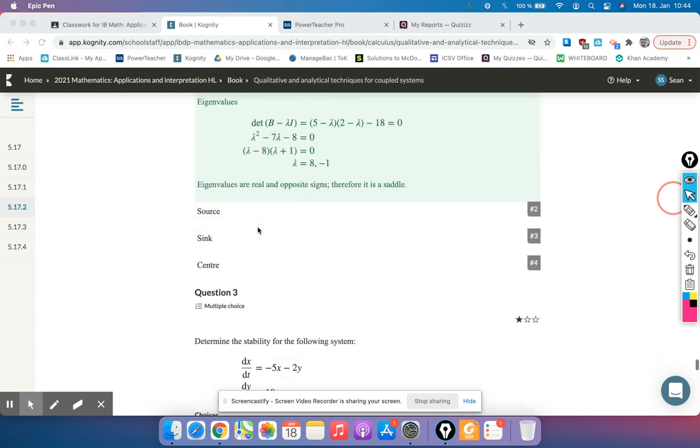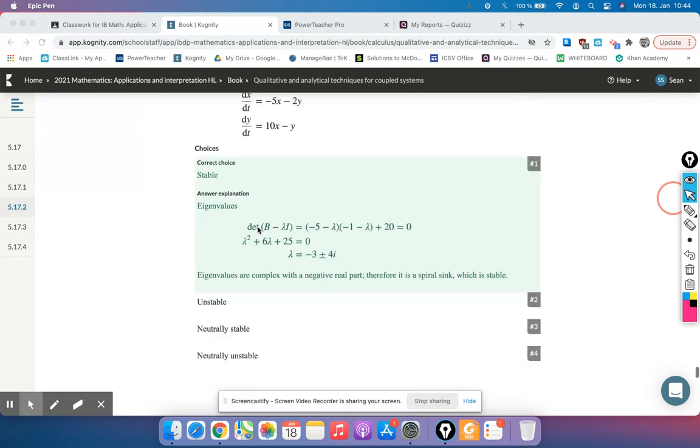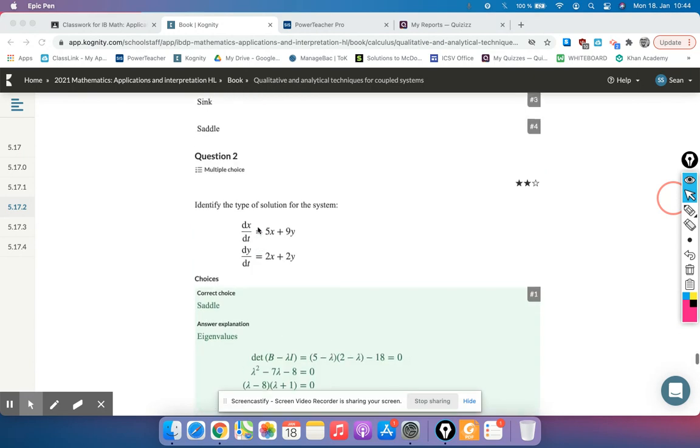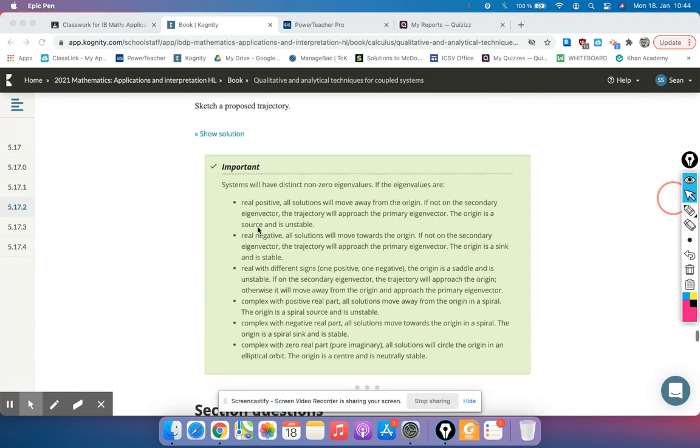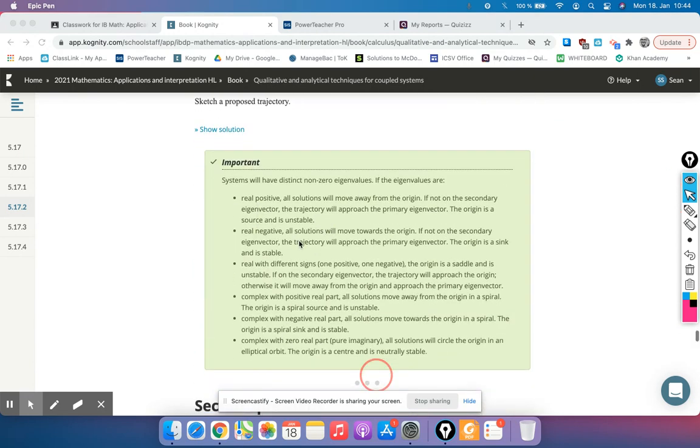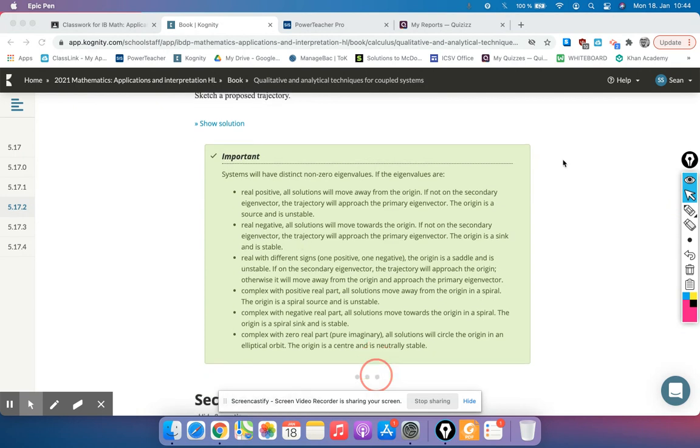These are a little bit simplified from what you might have to do in an exam. But I would say this is the most important part: if you're going to be able to sketch a trajectory, knowing the different situations of the eigenvalues is what you're going to have to know.